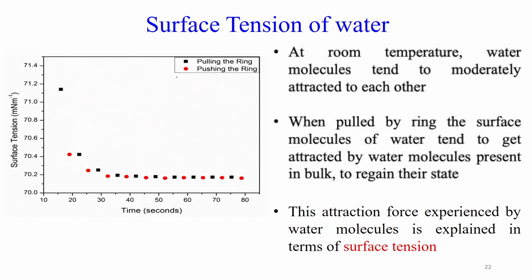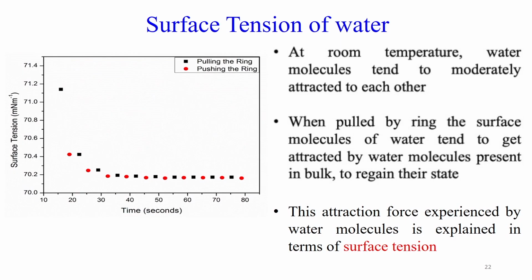We can see the black dots are representing the force required during the pulling, and the red dots are during the pushing. The same phenomenon we are observing here: the surface tension in around 50 seconds or so comes to the static value. So, it is a dynamic process and it reaches equilibrium in about 50 to 60 seconds during the experiment. Here the surface tension of water we are measuring, the equilibrium value is coming 70.2.